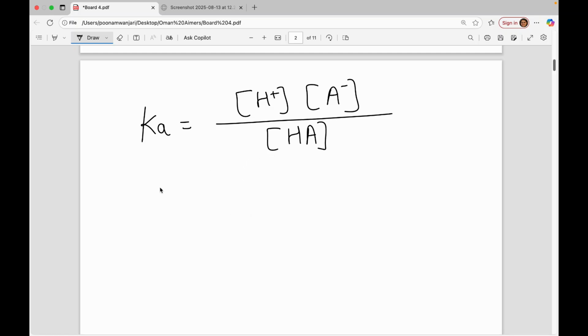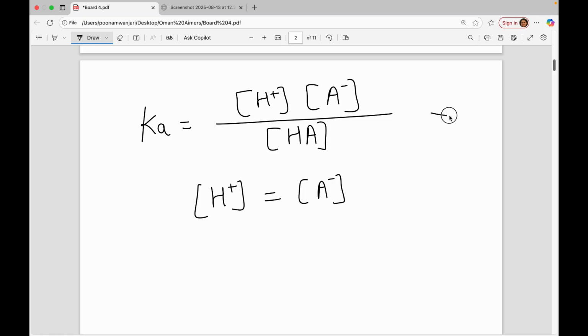Here, student, we need to keep one thing in mind. As the extent of dissociation is very less, the concentration of H plus is equal to the concentration of A minus.